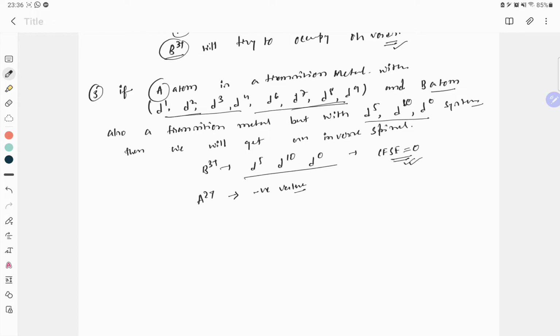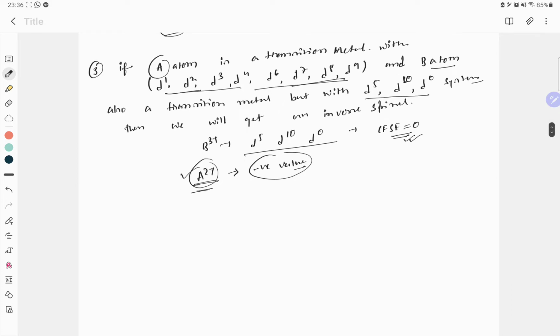So if A has a negative value and B has CFSE 0, then A is more stabilized, so it will try to occupy the octahedral void.